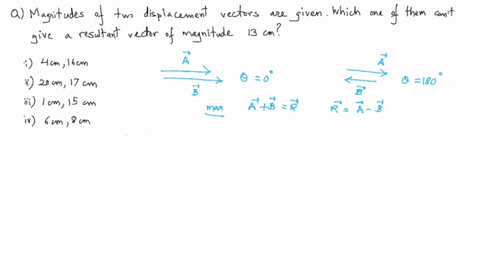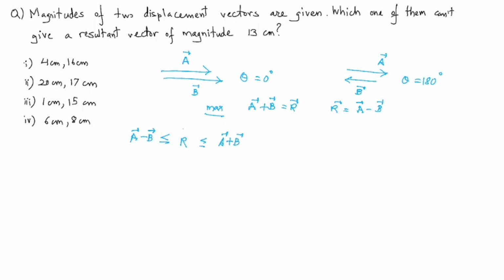As per the above logic, the resultant is greater than or equal to the value of a minus b, and less than or equal to the value of a plus b.